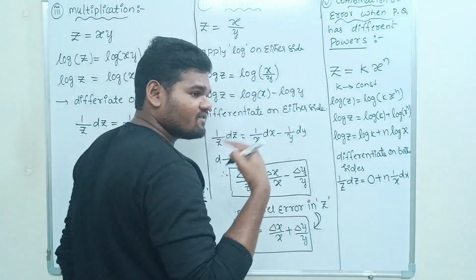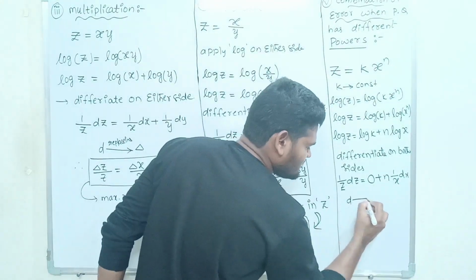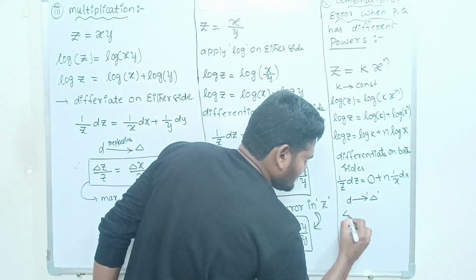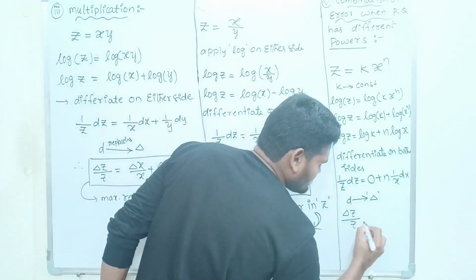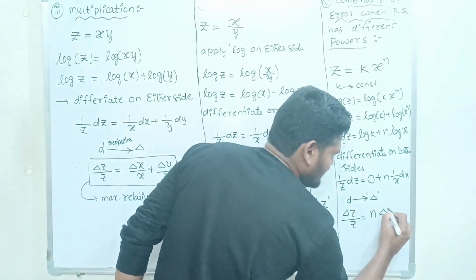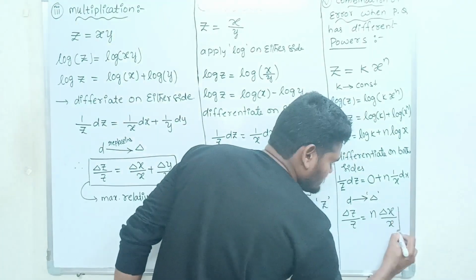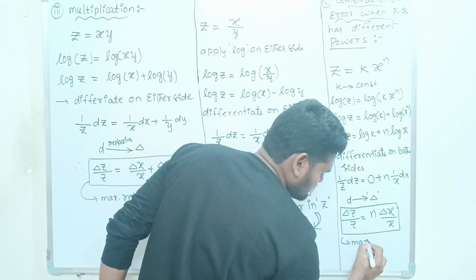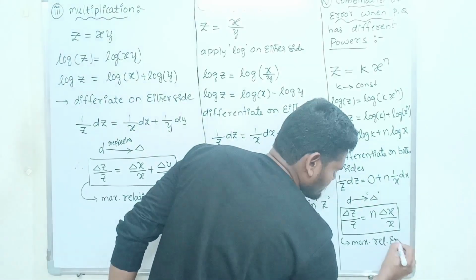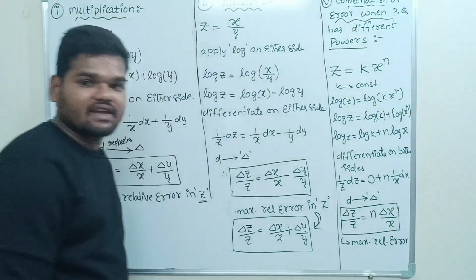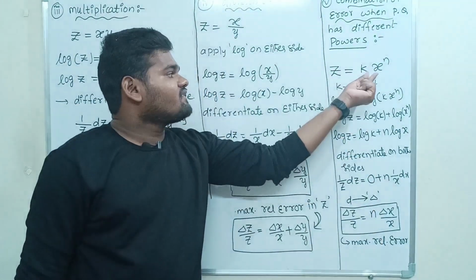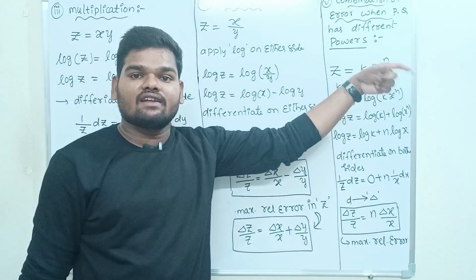What we have to do? We have to replace d with delta. So delta z by z is equal to n into delta x by x. So this is the maximum relative error in z, in case the quantity has power n.